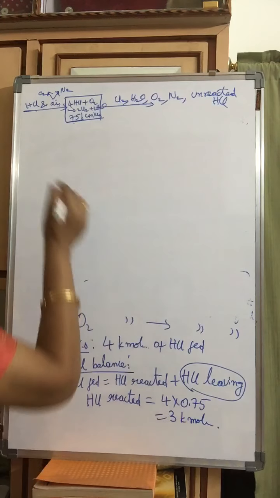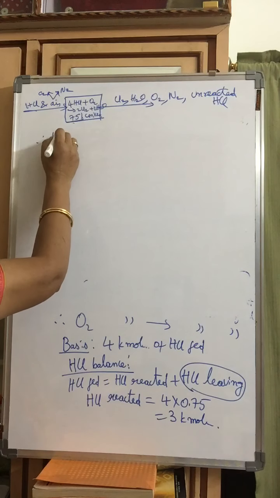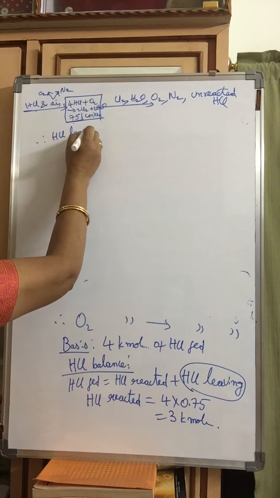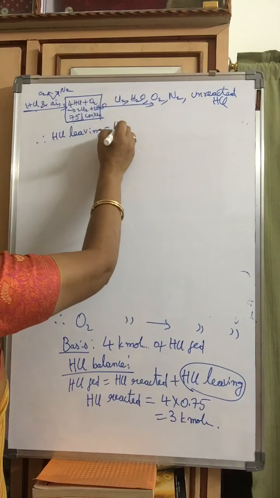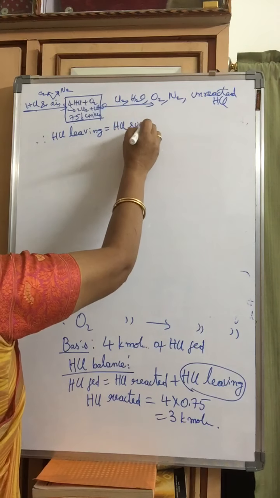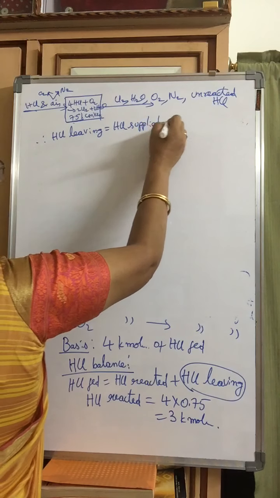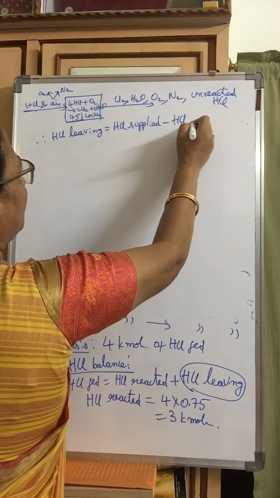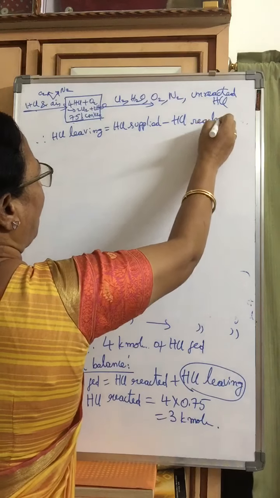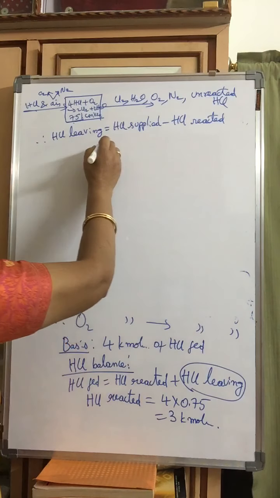So HCl reacted, therefore HCl leaving is equal to HCl supplied minus HCl reacted or consumed, whatever it is.